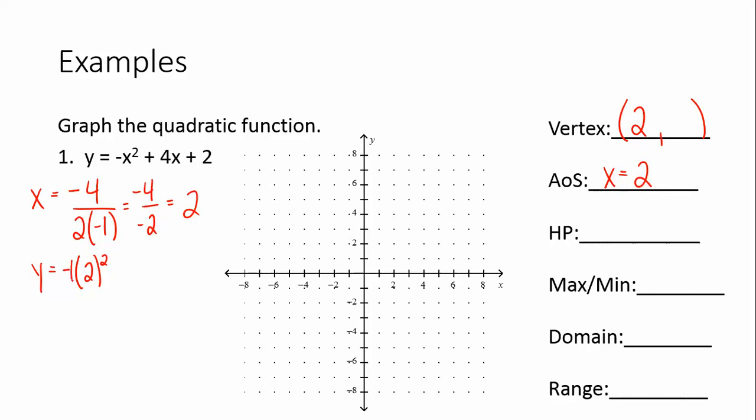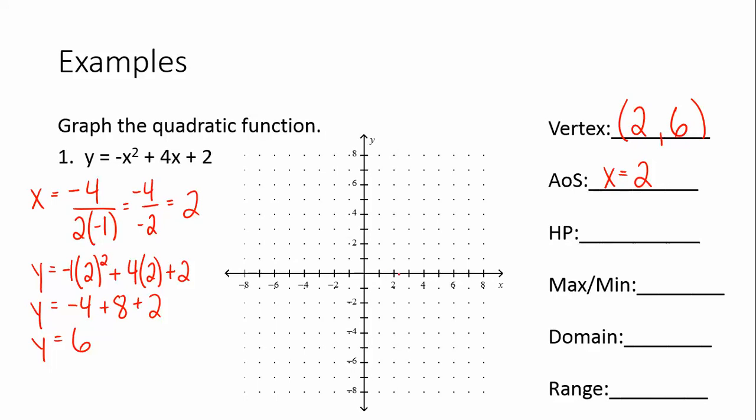That's negative 1 times x squared plus 4 times 2 plus 2. So for y, we get 2 squared is 4 times a negative 1 is negative 4, plus 8, plus 2, so that's 6. So the vertex is 2, 6.